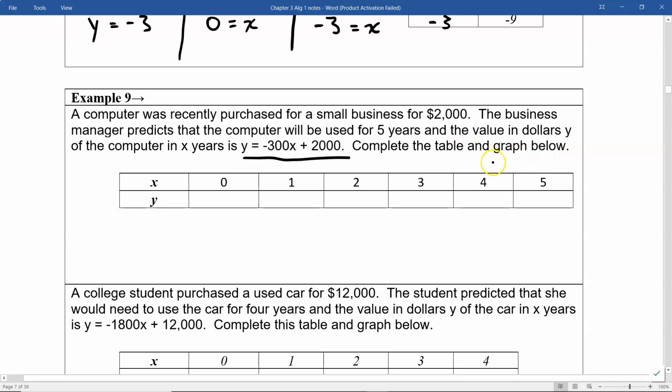Complete the table and graph below. So what this is telling us is that this computer loses $300 per year. So at year 0, plugging in our x, we see that the value is $2,000.